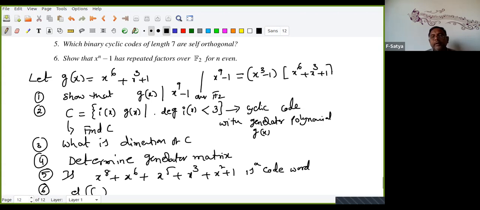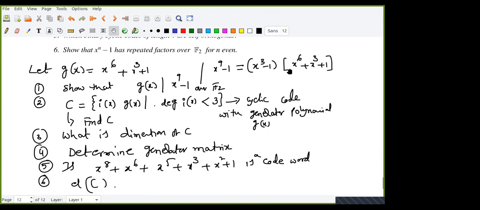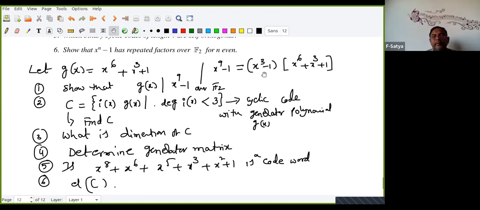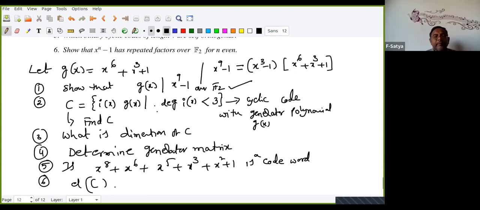Do you check? Are you able to see this? Hello? Mehak, are you there? Yes, sir. You can check that by multiplying these two, you will get this. Yes, sir. So that is easy. You can check later. So this part is okay.